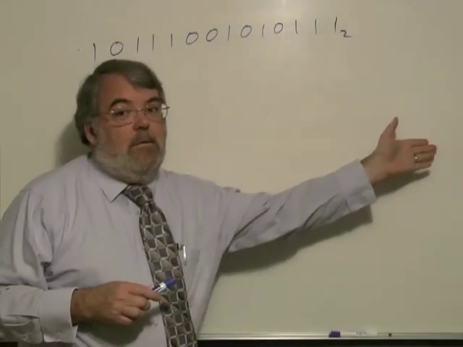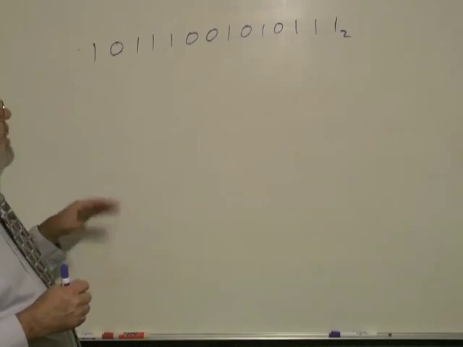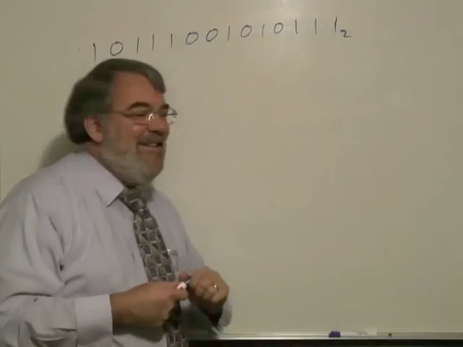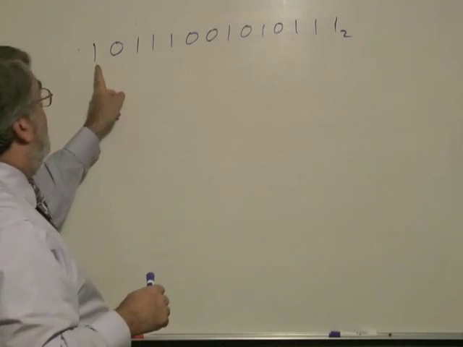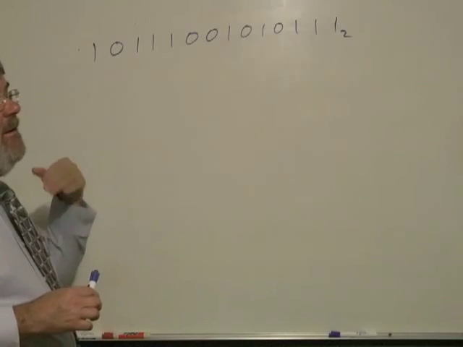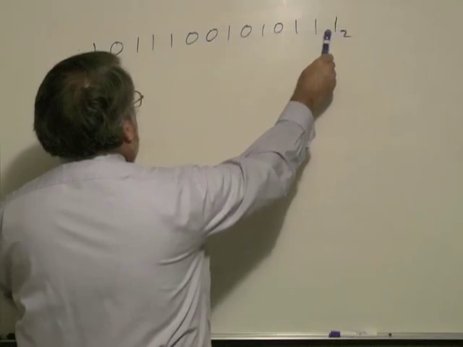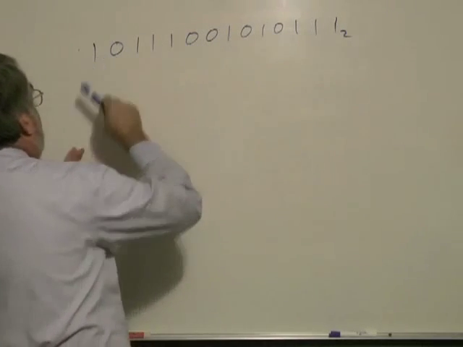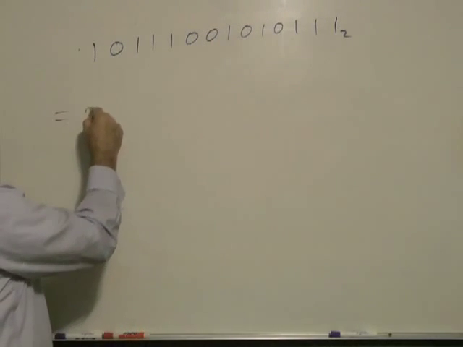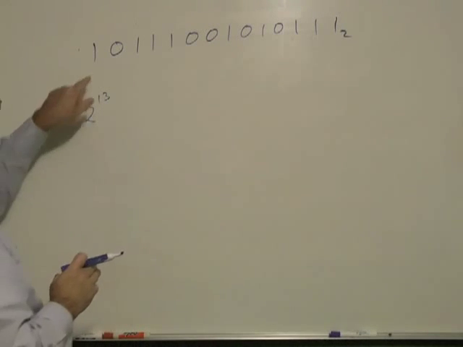Now, I didn't keep that chart up there. I took it off because I didn't want to go out to 14 places. But 14 places means this first digit is in the 2 to the 13th power. So, count over with me: 0, 1, 2, 3, 4, 5, 6, 7, 8, 9, 10, 11, 12, 13. So this would be 2 to the 13th. I don't recall what that is.